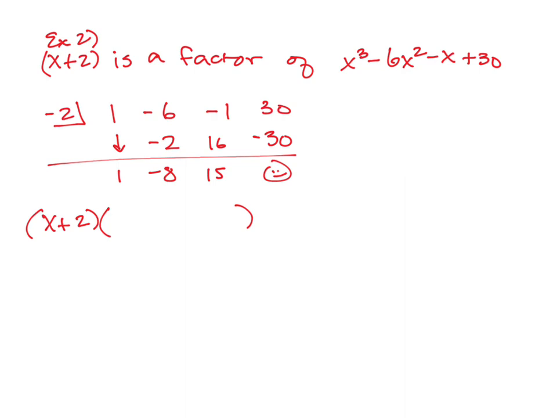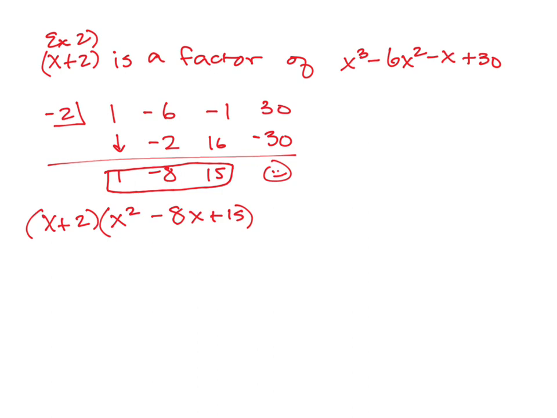What did this quotient give us? Look right here. This piece is the quotient, right? That's the coefficients for the quotient. So what's the quotient? 1, x squared. So that's the other factor, isn't it?